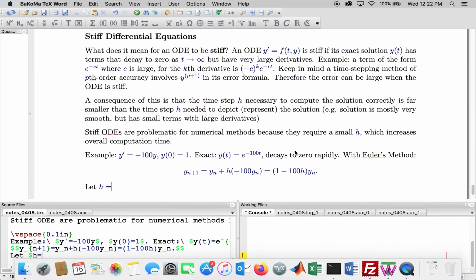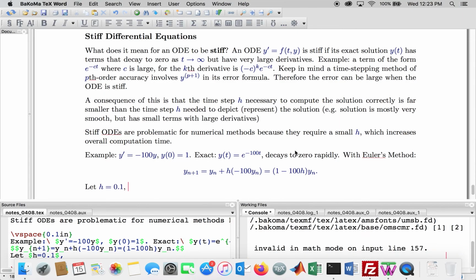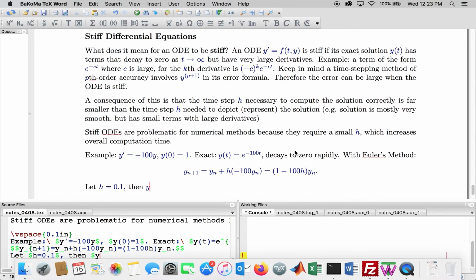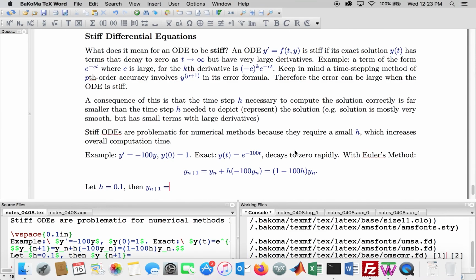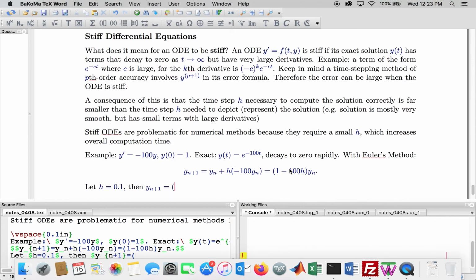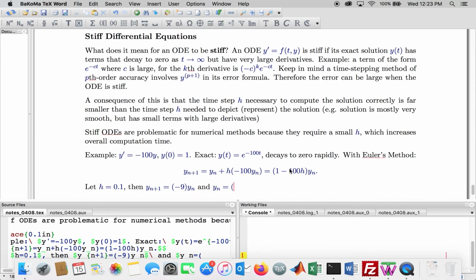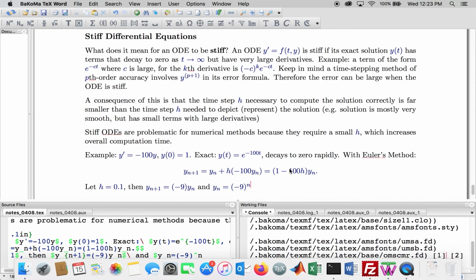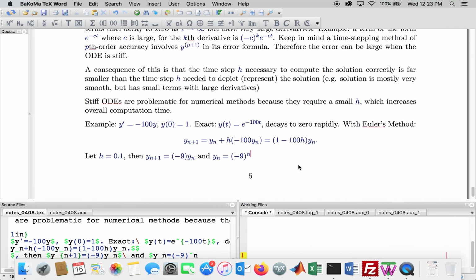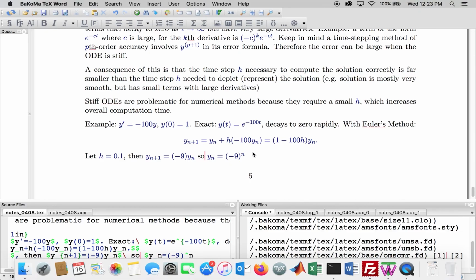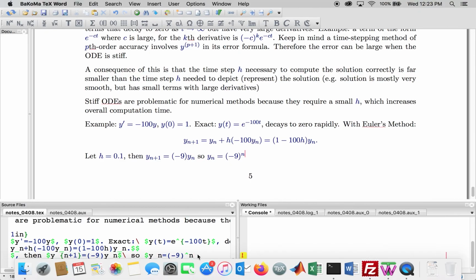If I let h be equal to 0.1, which seems like a reasonable time step, then y_{n+1} is equal to 1 minus 100 times 0.1, so 1 minus 10, so minus 9 y_n. In general, y_n is equal to (minus 9) to the n times y_0, but the initial value is 1. So that's my numerical solution.